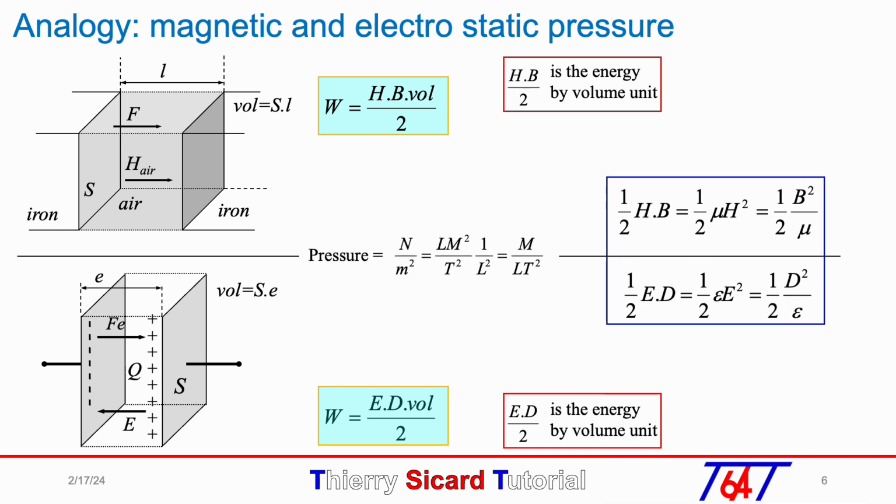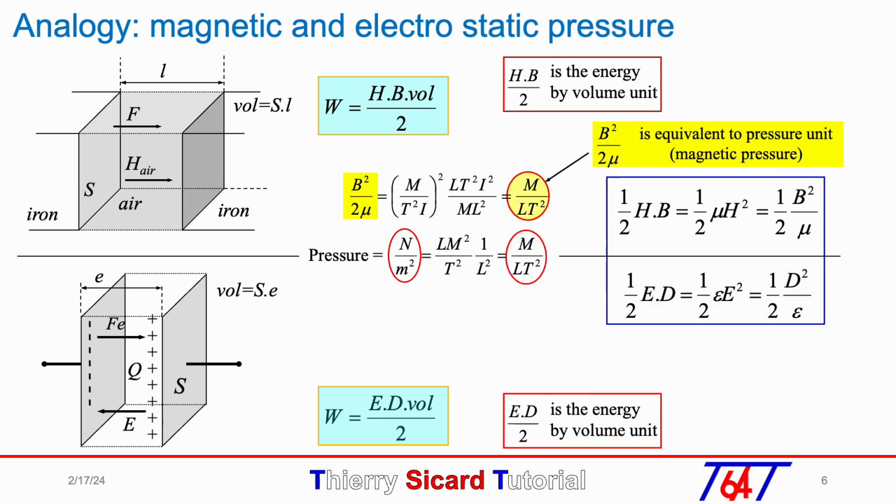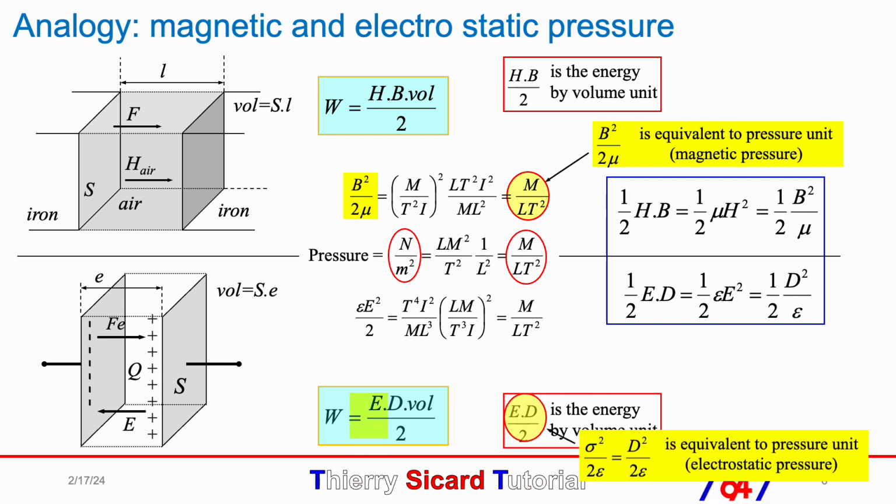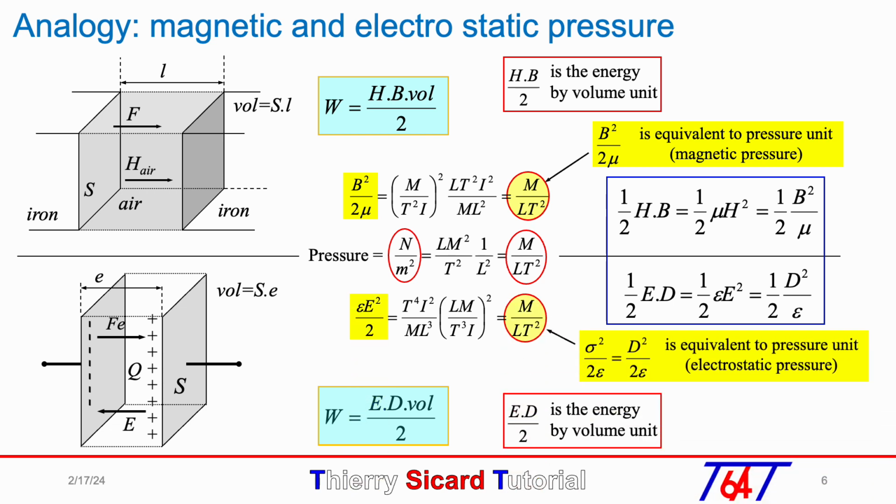The pressure unit is Newton per meter square, but with the international unit system it is noted M over LT square. If we do the evaluation of the units of B square over 2 mu and epsilon E square over 2, we will find a pressure unit.